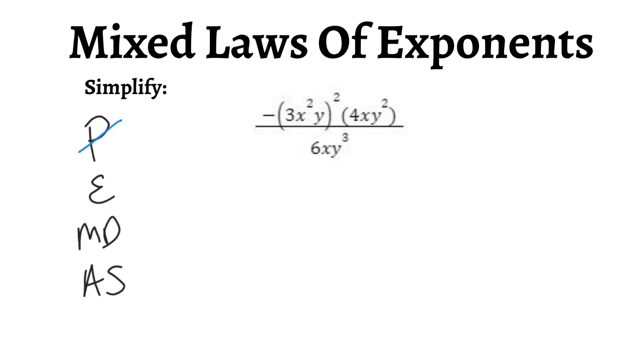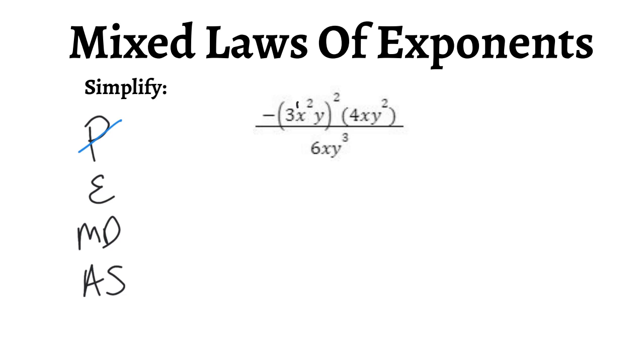So before I begin, I want to make sure I remember that everything inside the parentheses already has an exponent. 3 could be rewritten as 3 to the 1 power. X squared is to the 2nd power, and y alone can also be written as y to the 1 power.